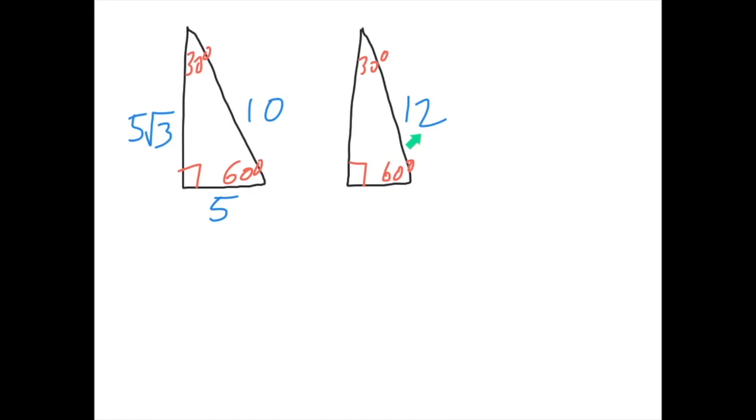So from the hypotenuse to the short leg is how we have to go. So from the short leg to the hypotenuse, you doubled it. You multiplied by 2. So to get from the hypotenuse to the short leg, you have to do the opposite. So you have to divide by 2. And 12 divided by 2 is 6. And then to get to the long leg, you multiply the short leg by the square root of 3. So 6 square root of 3.